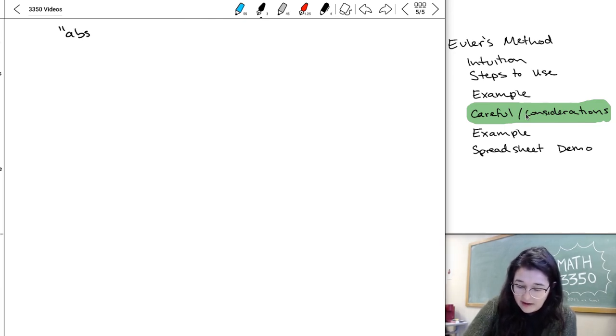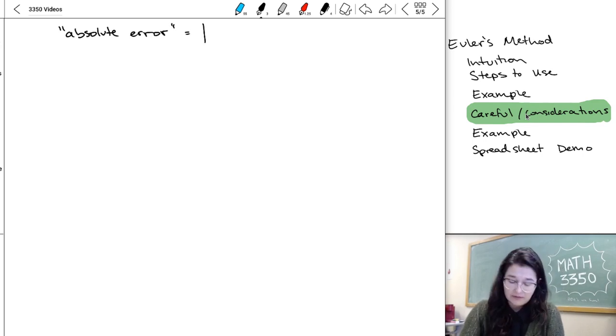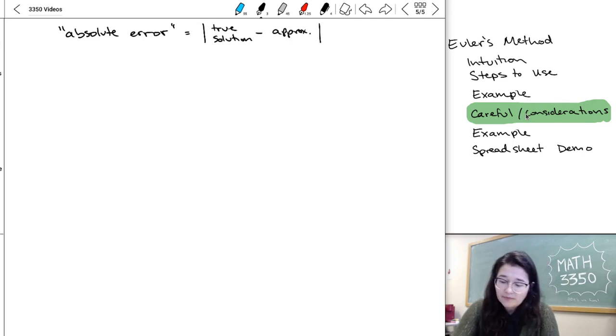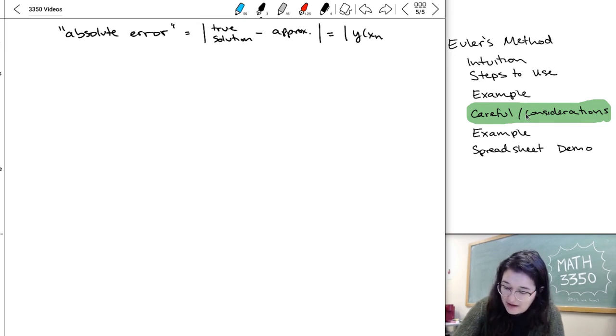So absolute error is going to be calculated as an absolute value, where we think about the difference between the true solution and the approximation. And so that's going to be the absolute value of y evaluated at x sub n minus y sub n.